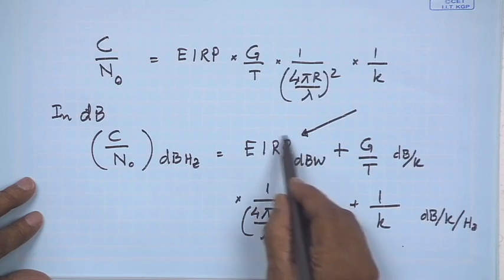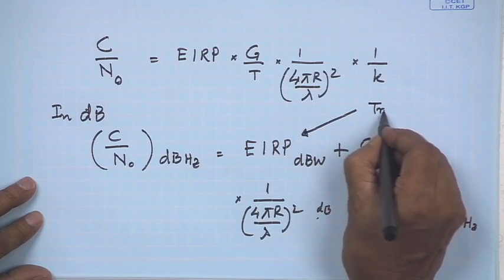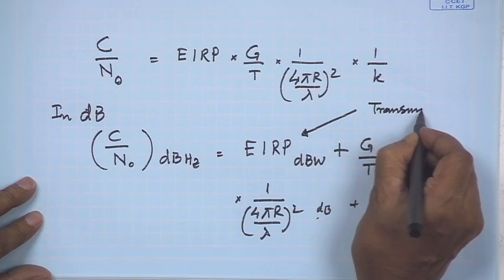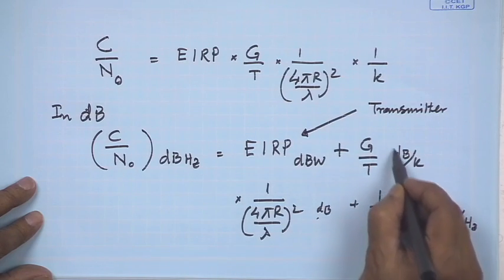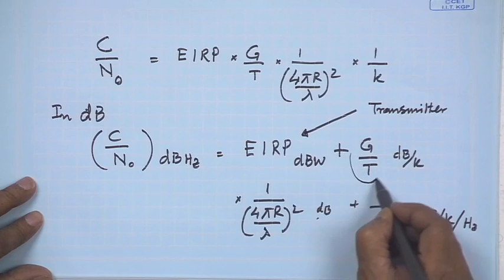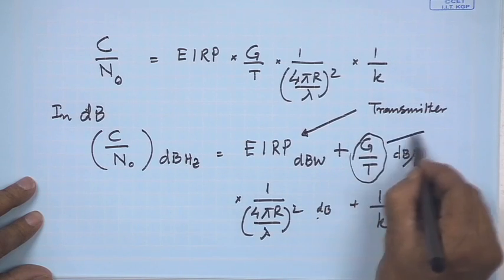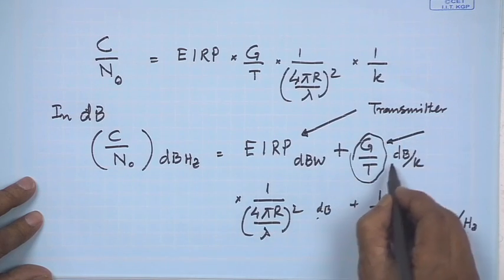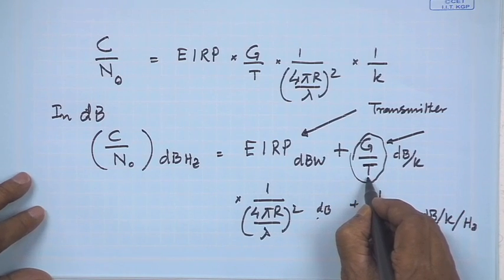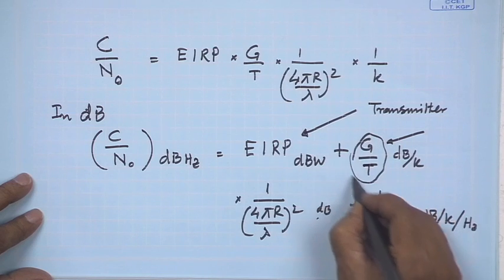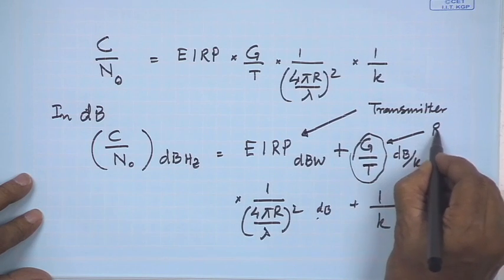This is the characteristic of the transmitter side. Now, there is a term G by T, where, if you remember, G is the receive antenna gain, and T is the system noise temperature of the receiver. So, this G by T characterizes the receiver.